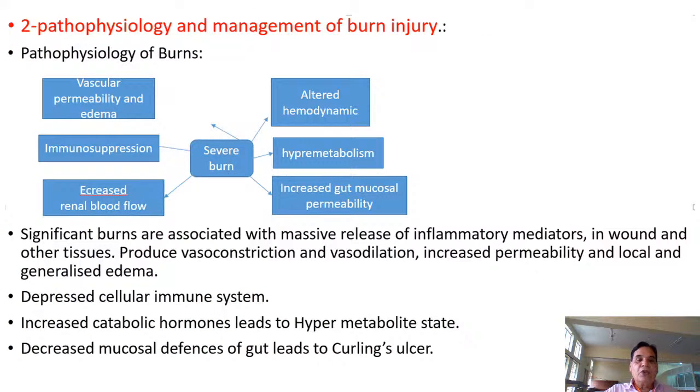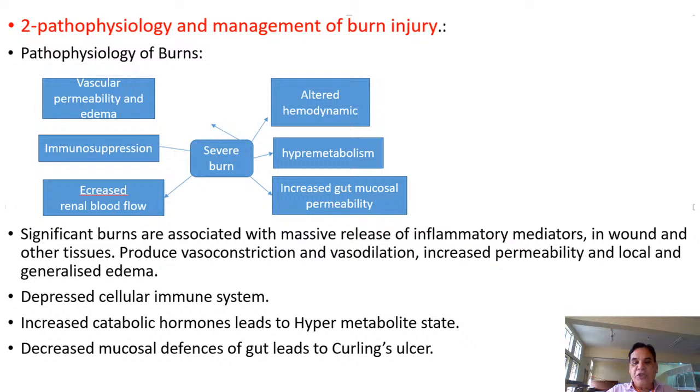Okay. So what is the pathophysiology? How does the burn affect the whole body process? Because now it is not just the part which is burned that is involved. It is the affectment of all the organs of the body, due to the toxins released. So this is called pathophysiology. What happens?